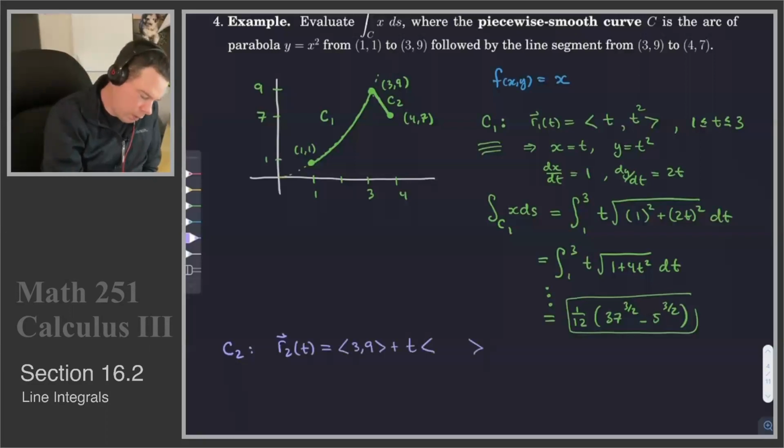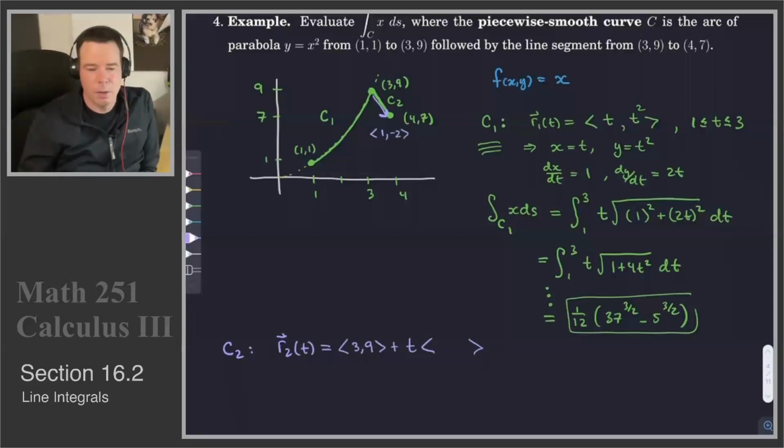So I can get the vector in the direction of the line by just taking the tip minus tail. So that vector there is given by 4 minus 3, which is 1, 7 minus 9, which is -2. And so there's our direction vector for our line, 1, -2. And in order to get that line segment, t ranges over the values from 0 to 1.